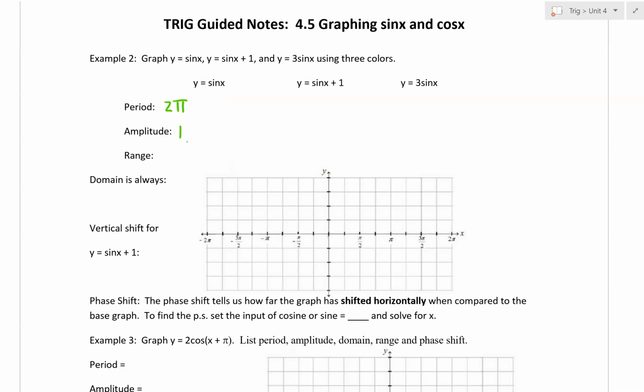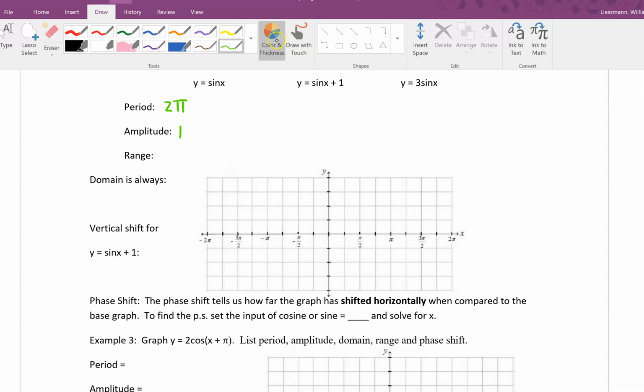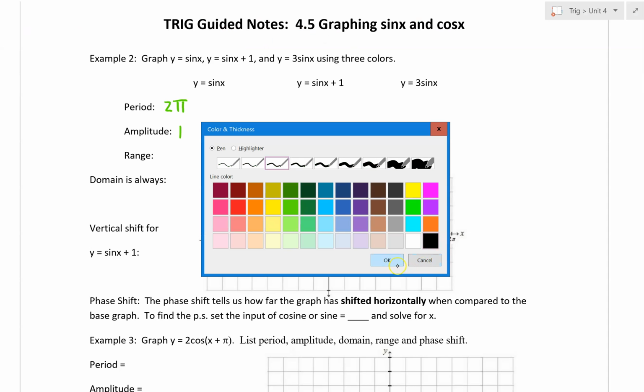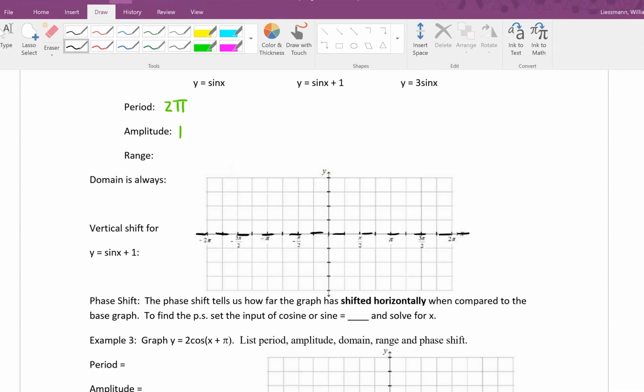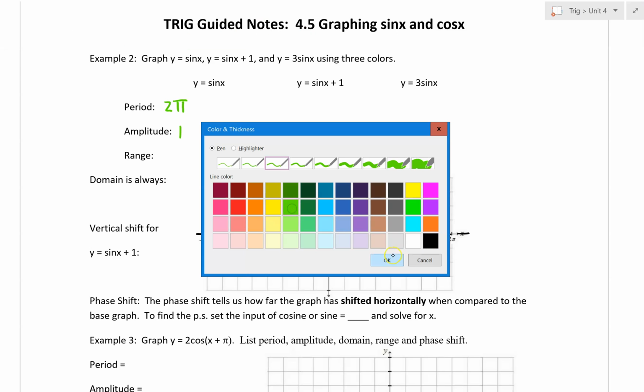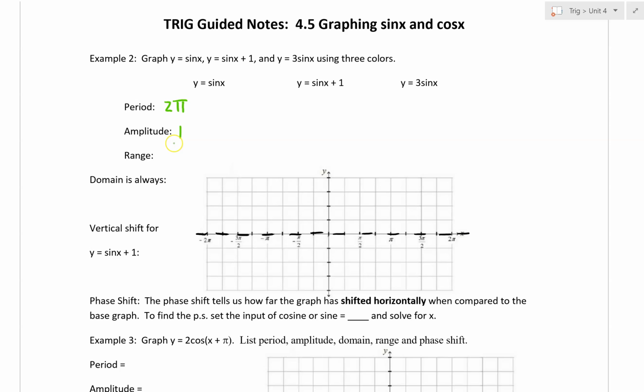The range in this thing, because the amplitude is 1, and it's going through our midline, which is right here. So here's our midline. And that means that our range is then going to be everything going 1 up or 1 down. So -1 to 1. That's for sine.